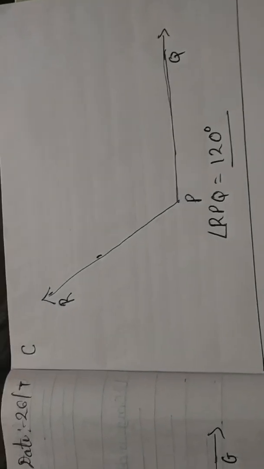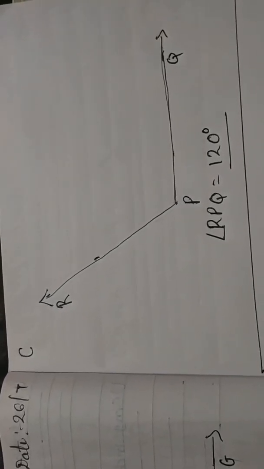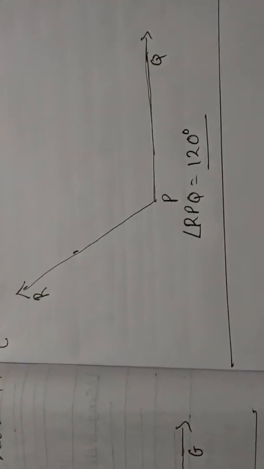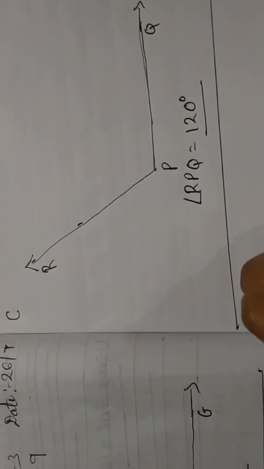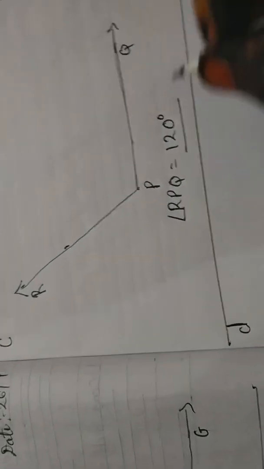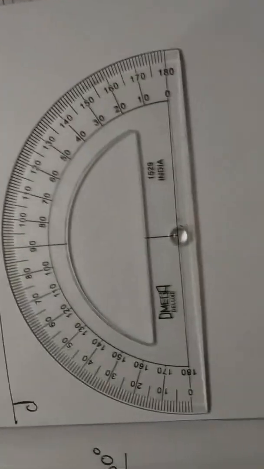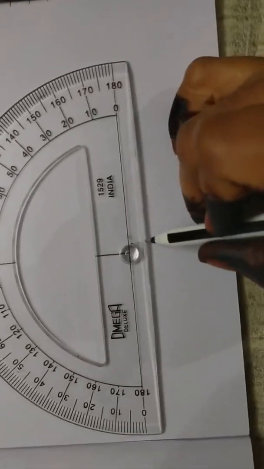Okay students, I hope your work is complete. Now we'll start the next question, D1 question. In that D1 question, we have to put the protector here, and then write the first line.